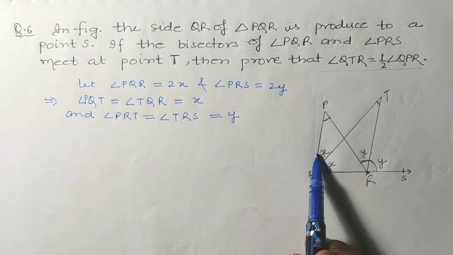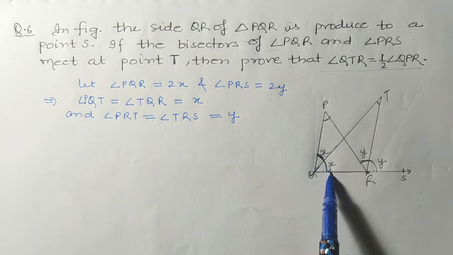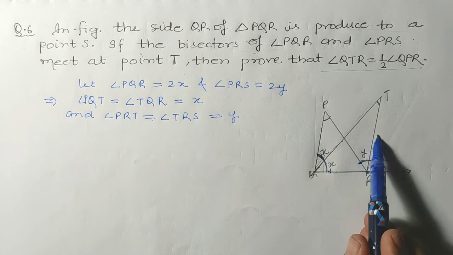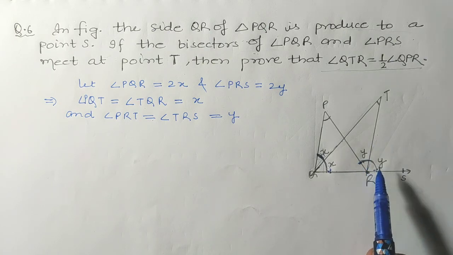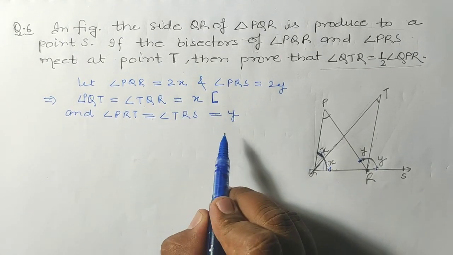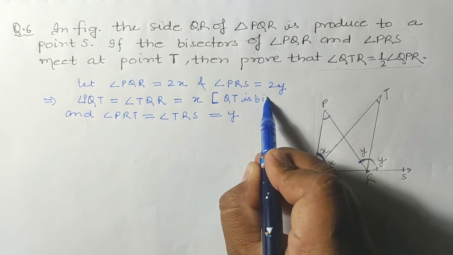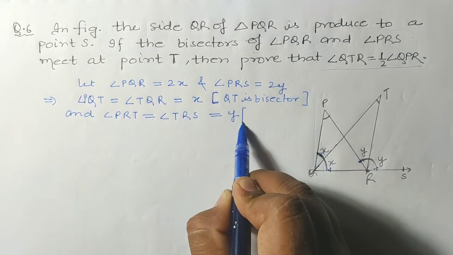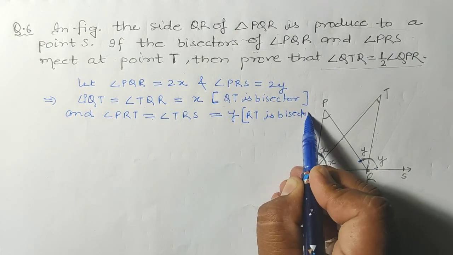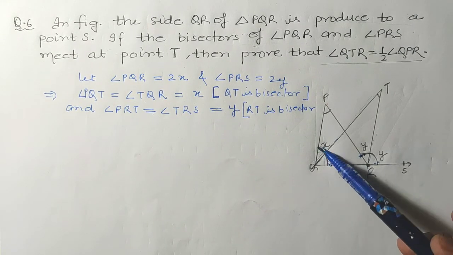Okay, so we have assumed this angle 2x, so since QT is bisector, this angle will be x and this angle will be x, and here if we have assumed this whole angle as 2y and it is bisector, so this angle will be y and this angle will be y. We can write the reason also why it is equal to x, because QT is bisector, and here we can write RT is bisector.